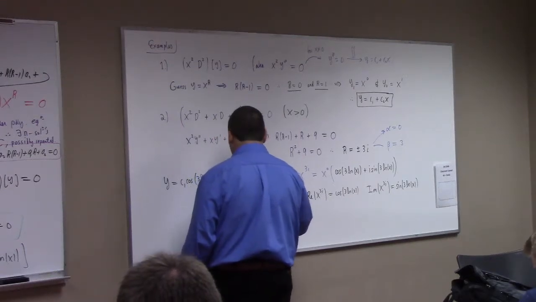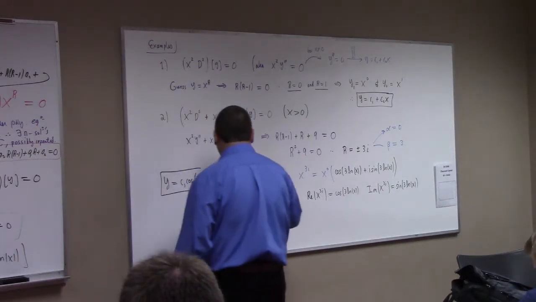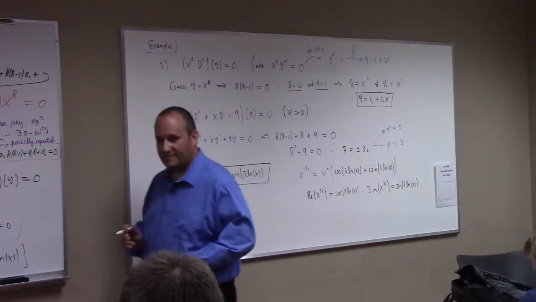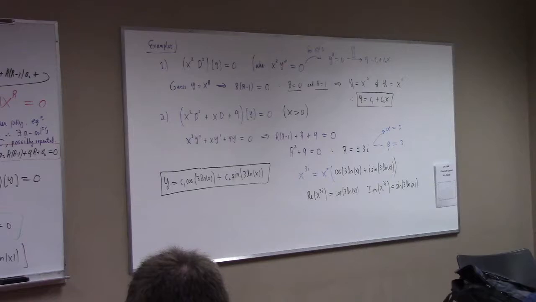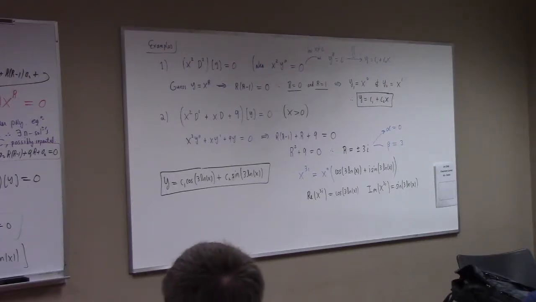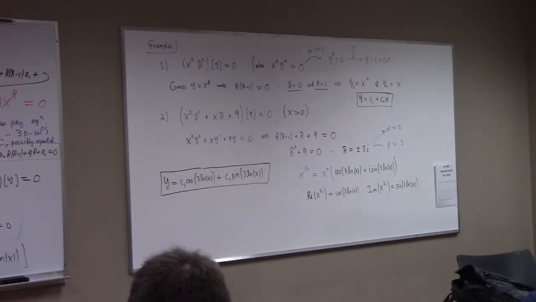Now here, it is more in our face. You can't miss it that x equals 0 is a trouble point for this differential equation. It is just manifest in the solution. Log of 0 is minus infinity, our solution's formula ceases to make sense at x equals 0, right?